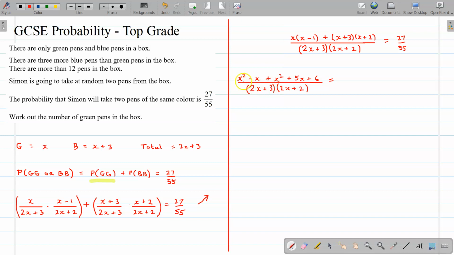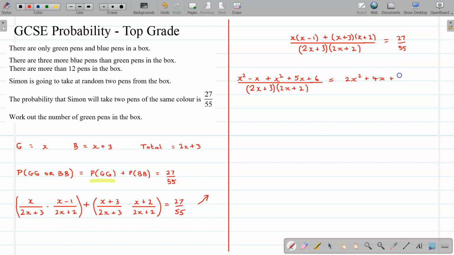now if I gather together all the like terms, I've got 2x squared on the top. So this is just basic algebra, but carefully making sure you don't make a mistake, because one mistake in this and it won't make sense later. Now I've got 4x because I'm taking away an x from a 5x to give me 4x, and I've got a 6.